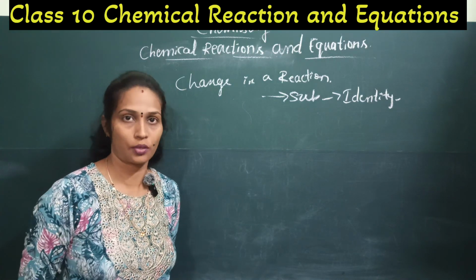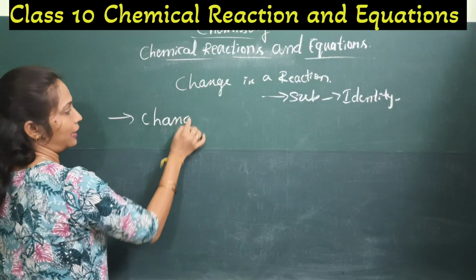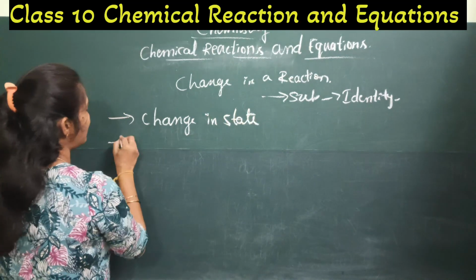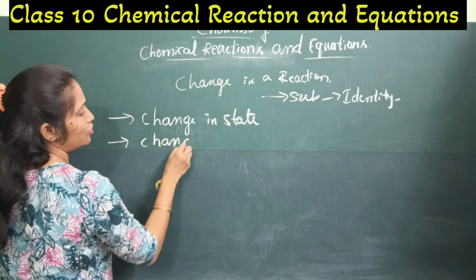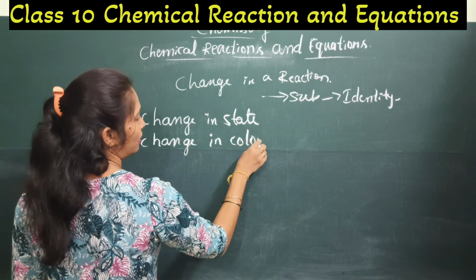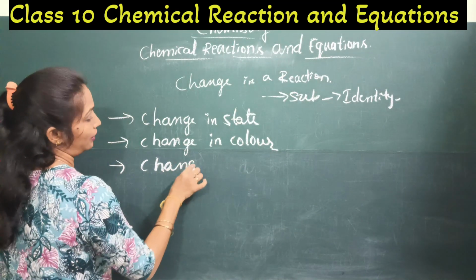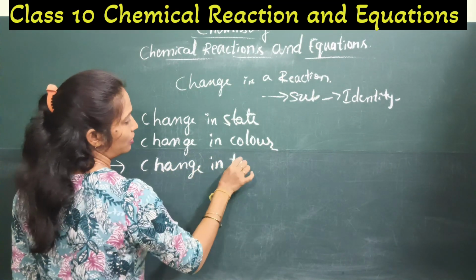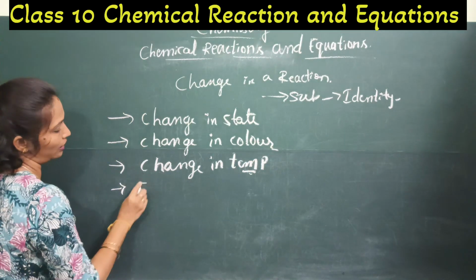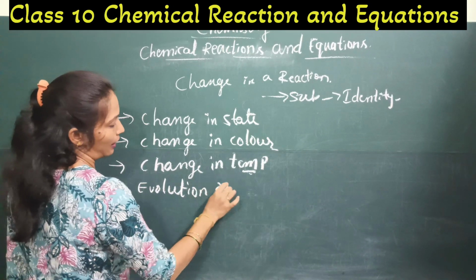Note down this point carefully, because this type of question has already been asked many times in your board exams. The first thing is change in state. The second one is change in color. Then change in temperature. And the last one is evolution of gases.